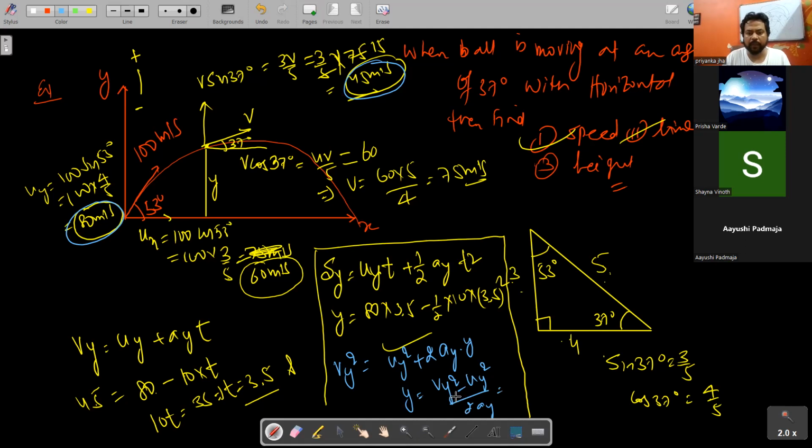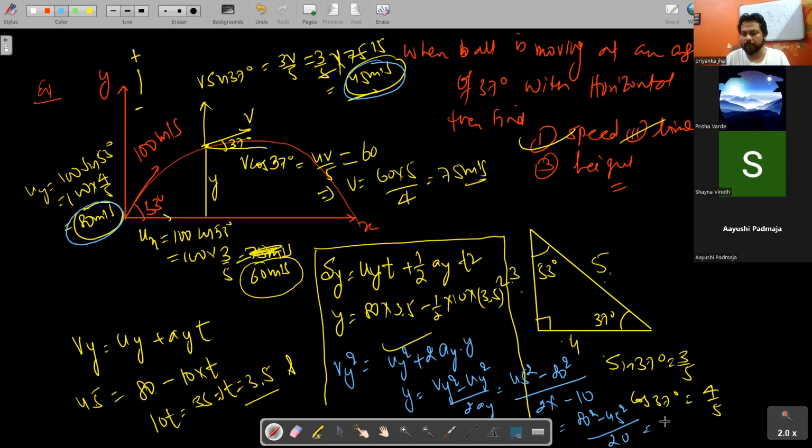So vy square is how much? This 45. 45 square minus uy 80 square upon 2 into ay, what is ay? Minus g, minus 10. Now solve. This is going to be 80 square minus 45 square upon 20.